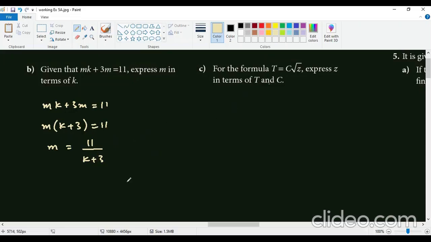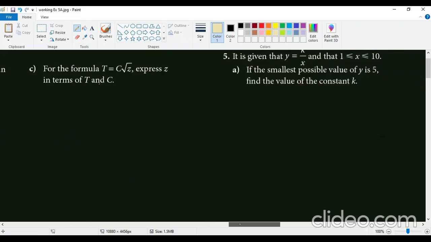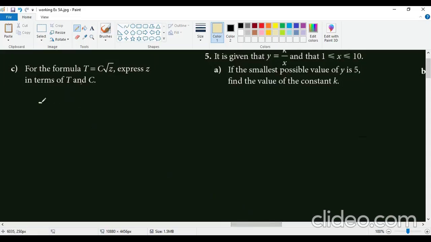The formula is given as t equals capital C under root z. Express z in terms of t and c. That means t over c, because c is multiplying on this side.